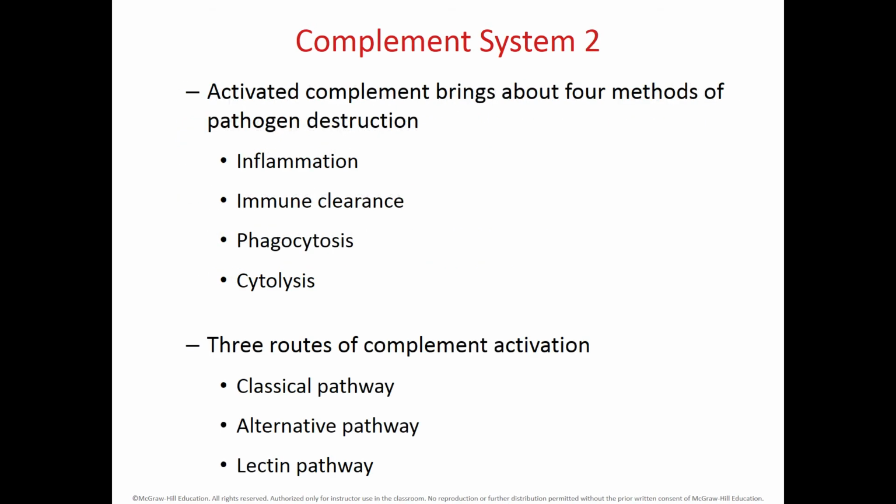Once you activate the complement system, you produce inflammation, you produce immune clearance, you activate your macrophages and microphages, so you produce phagocytosis, and then you destroy cells, cytolysis. Cyto means cells, lysis means destruction. In order to activate the complement system, you use three pathways: the classical, alternative, and lectin pathways.